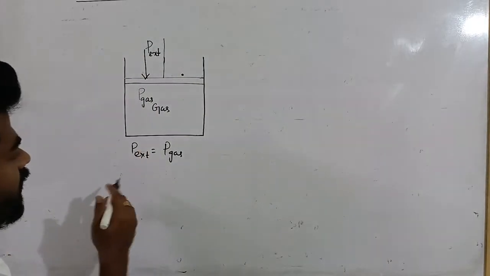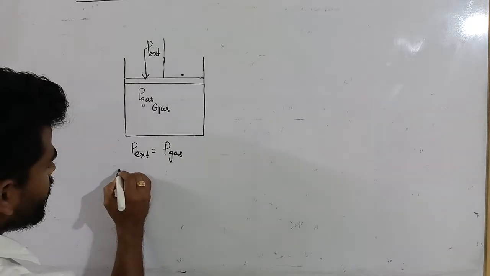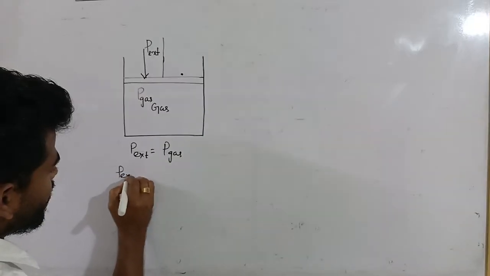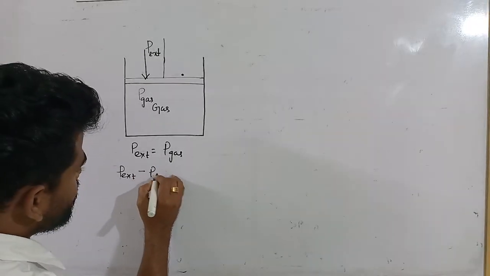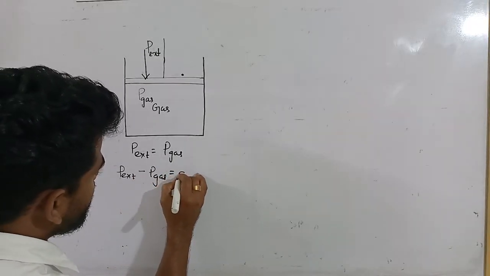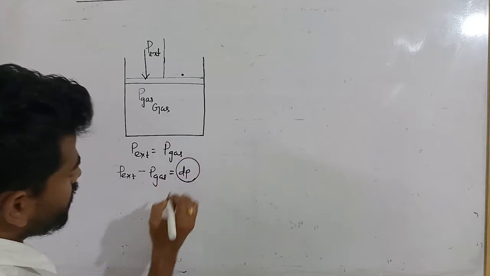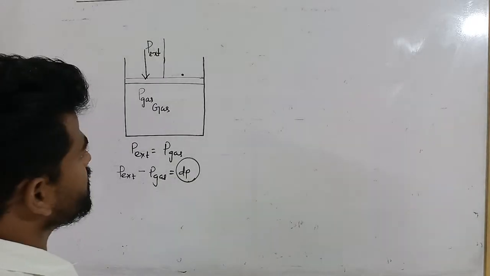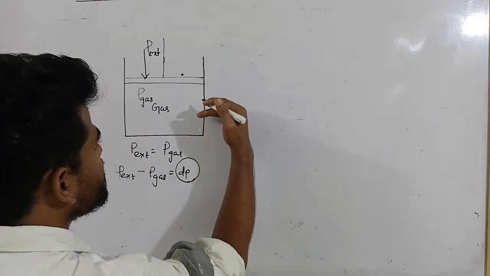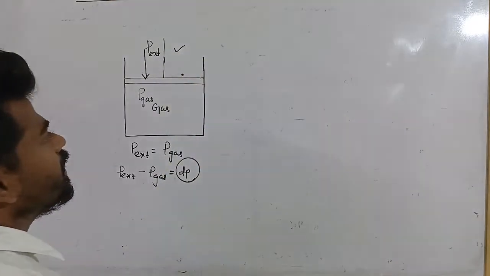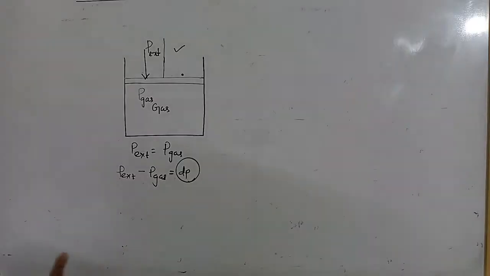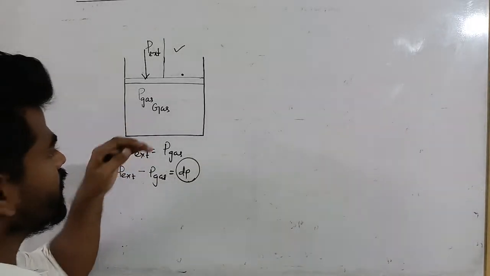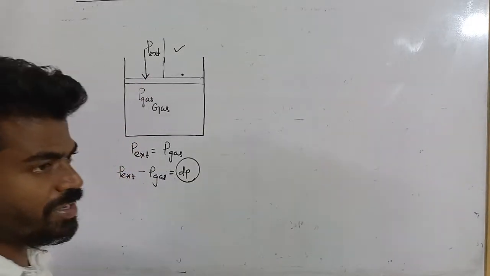That's why I can write P external minus P gas equals dP, a small dP, a very small increase in pressure. If I need to compress the gas, this will be my driving force. That means this driving force is infinitesimally greater than the pressure inside the gas, very minute.